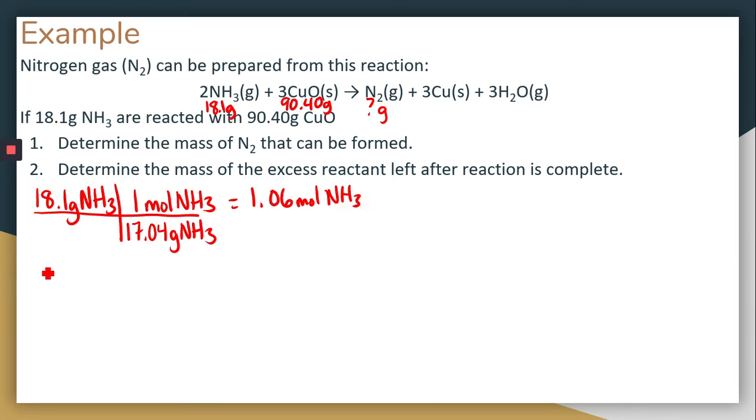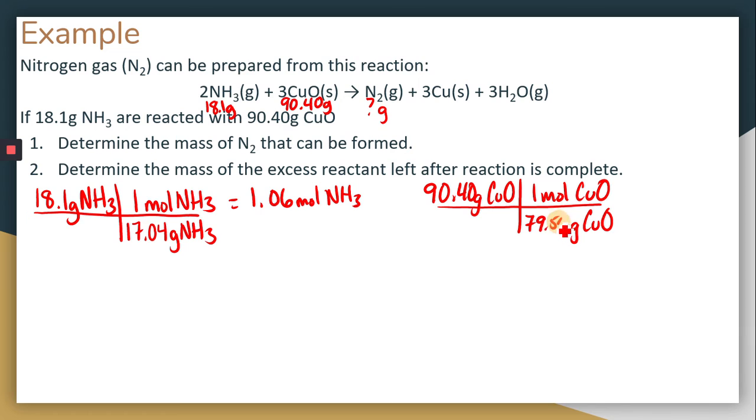And I'm going to do the same thing with the copper. So 90.40 grams of copper(II) oxide. 1 mole of copper(II) oxide is how many grams of copper(II) oxide? So add the molar masses together, and you get 79.55.